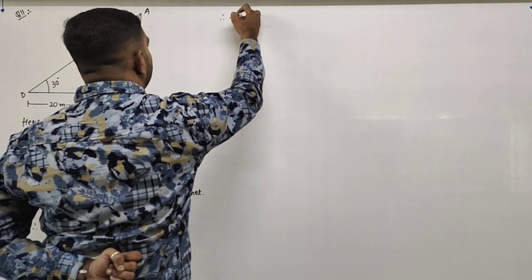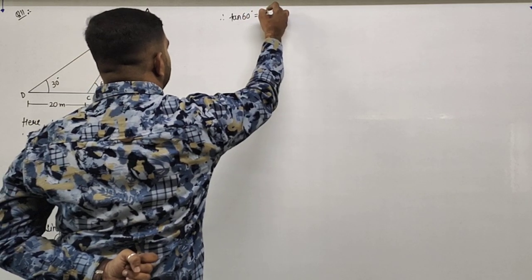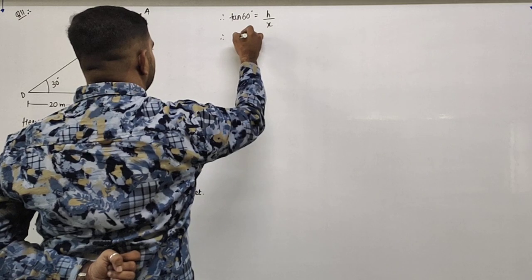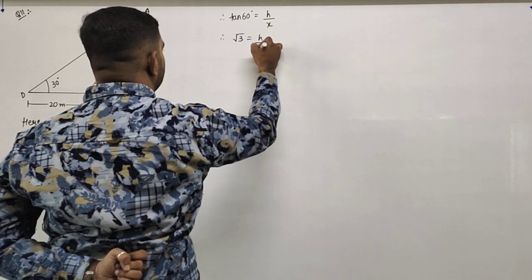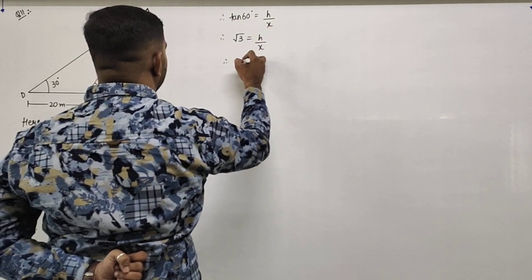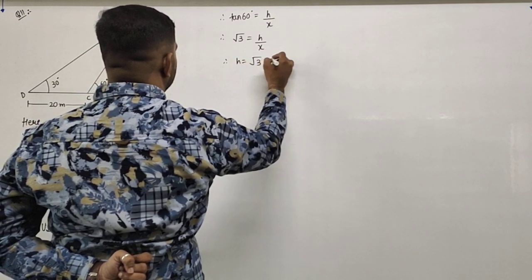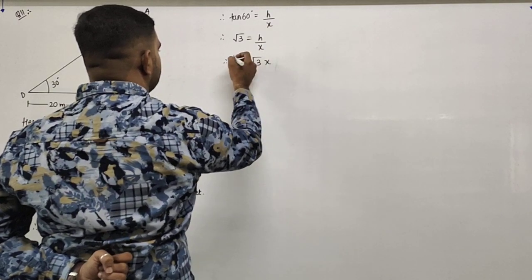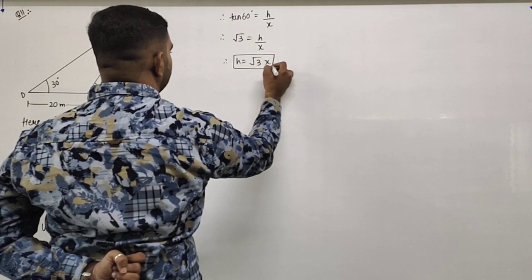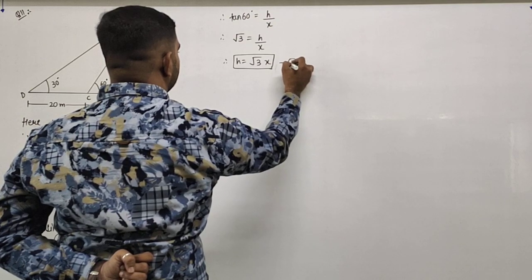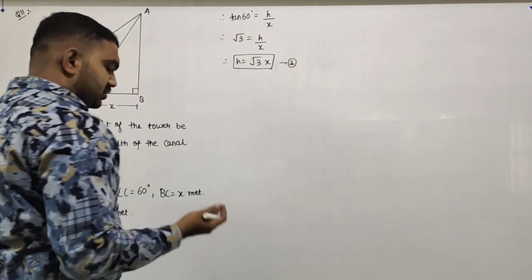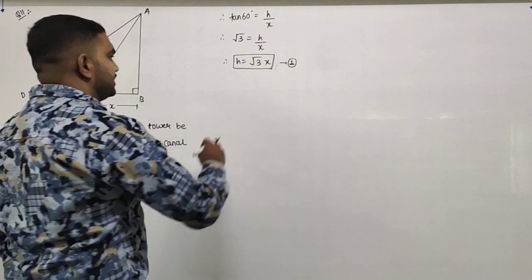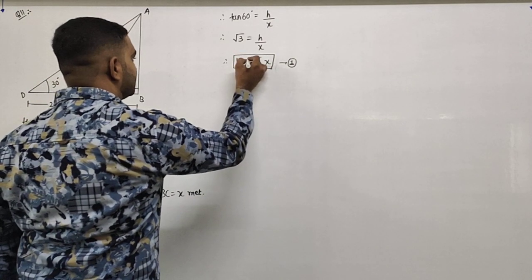Therefore, tan 60 degrees is equal to h upon x. Tan 60, that is root 3, is h upon x, and hence h is equal to root 3 x meters. Or we can say that we got our first relation here, h is equal to root 3 x. So that is the first result.